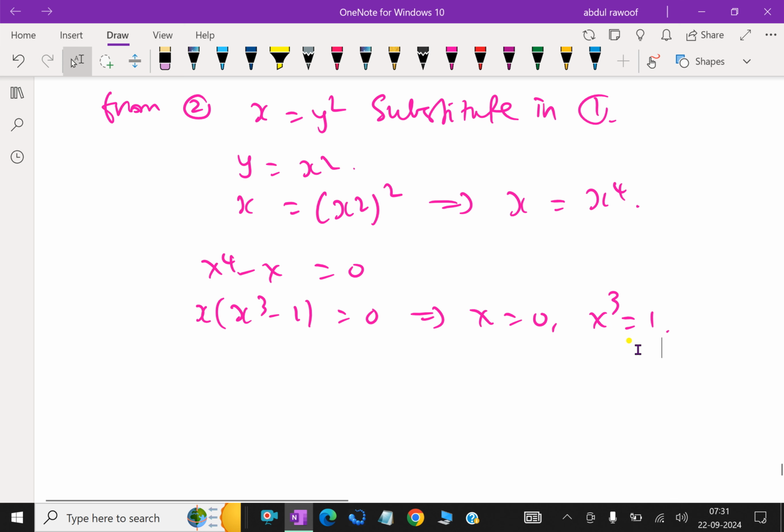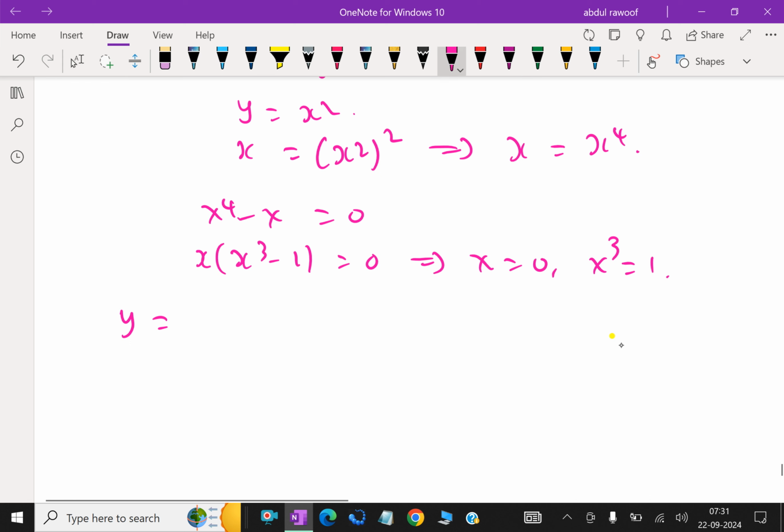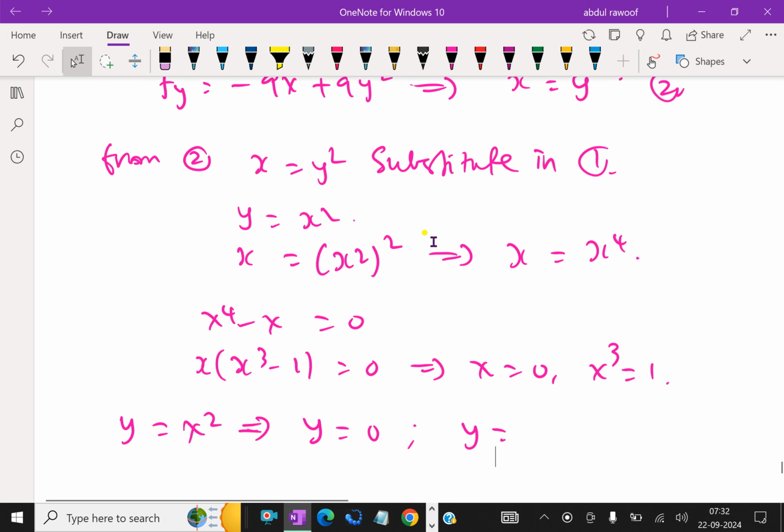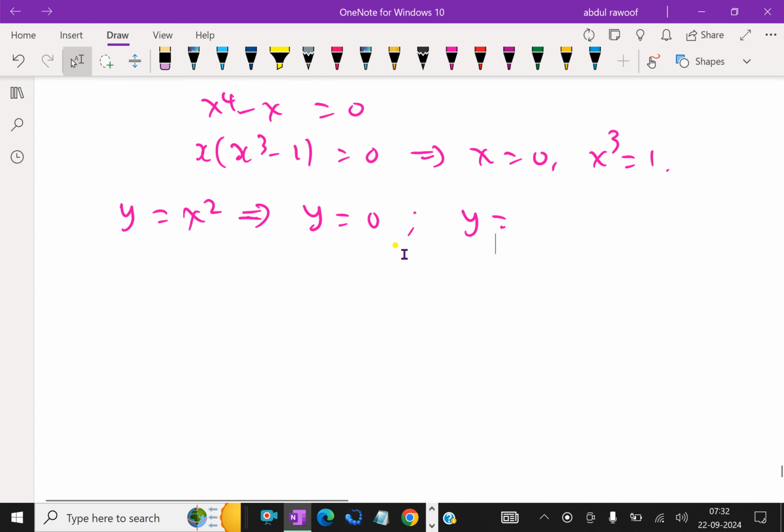Then regarding y, from y equal to x squared, when x is 0, y is 0 squared, which is 0, and when x is 1, y is 1.